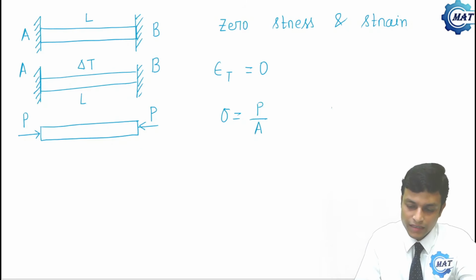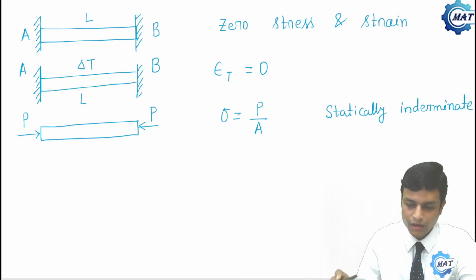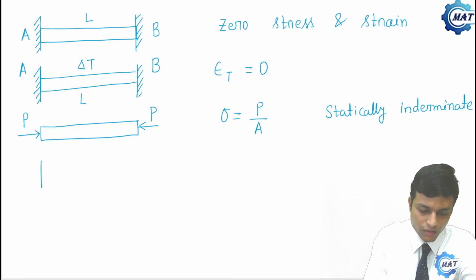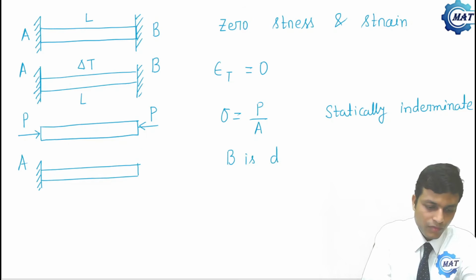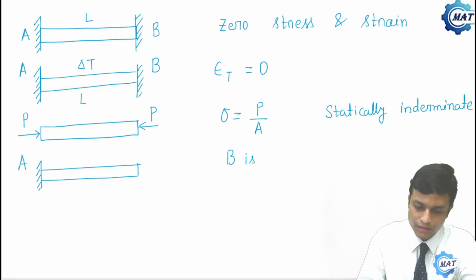That is, this is a statically indeterminate problem. So now we have to apply one boundary condition to find the value of P. We shall consider that support A is present and support B is redundant.